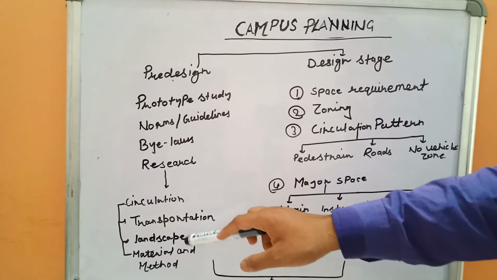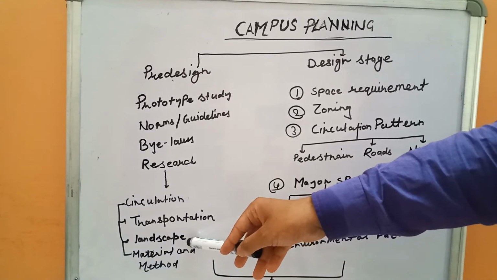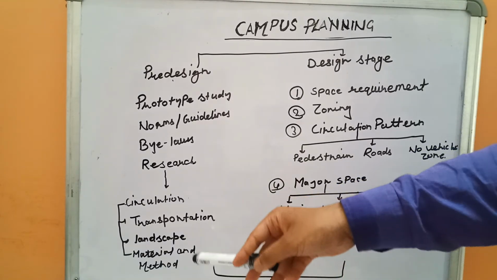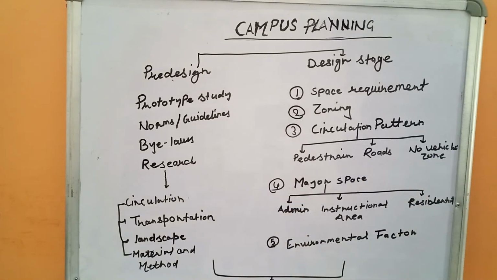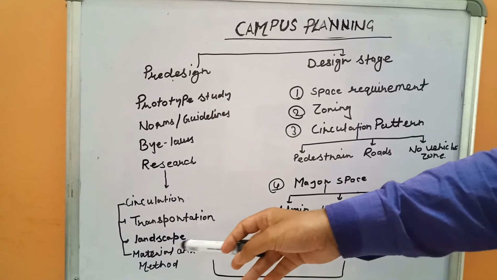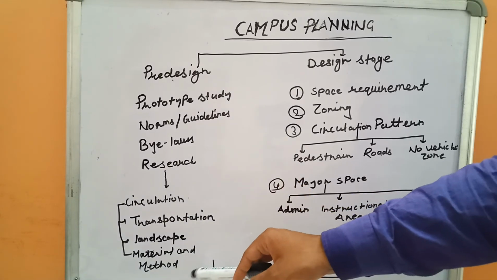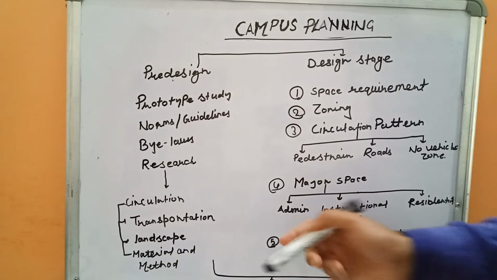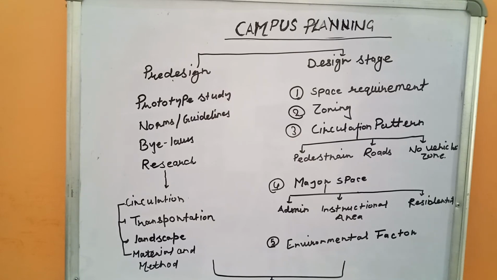Then comes landscape. Of course, landscape decides the beauty and other climatic features in the campus. If we provide a well selected landscape and we preserve the vegetation and existing environment of the site, then our landscape can be good. And of course, material and method of construction: we can go in for green building technology methods, which save energy.